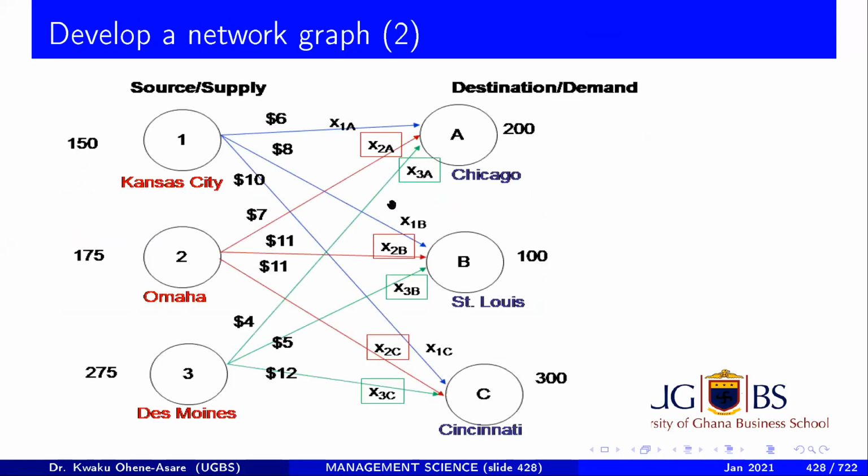Now, anytime you are writing the objective function, your eye must be looking at these costs that you wrote, and your eye must be looking at the decision variables that you wrote. So how is it going to be? Well, if my eye is looking at it as it is here, I can just write it like this. You can just say, let's have Z max, or here you can use C min, anything, Z max, Z min.